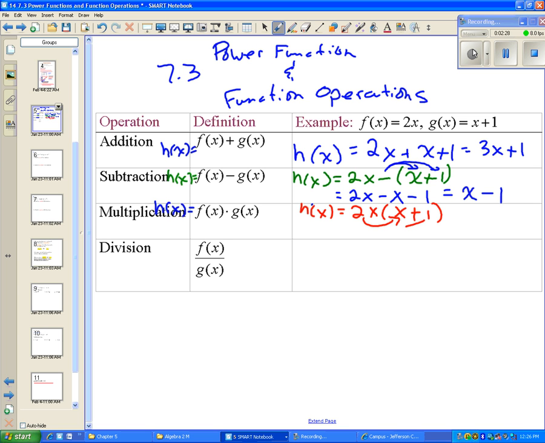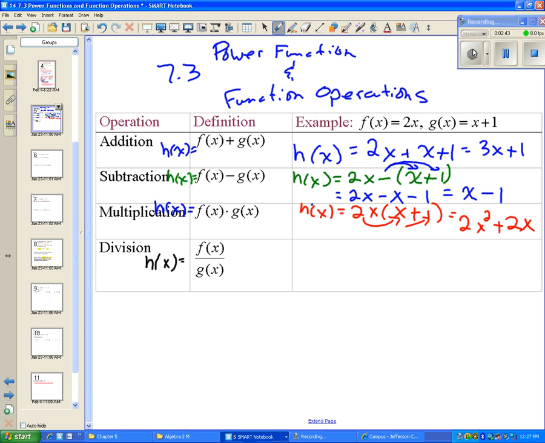I have to distribute that 2x in. So my h of x is going to be 2x squared plus 2x. That's multiplication.